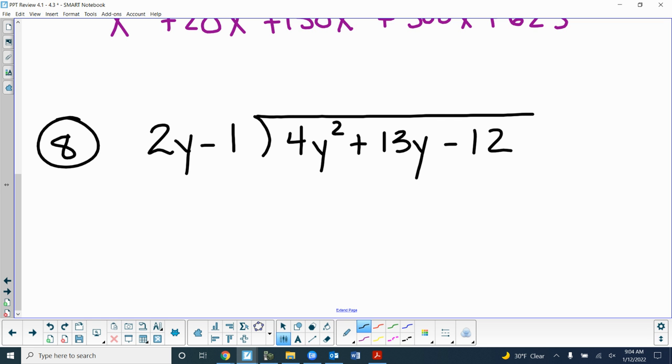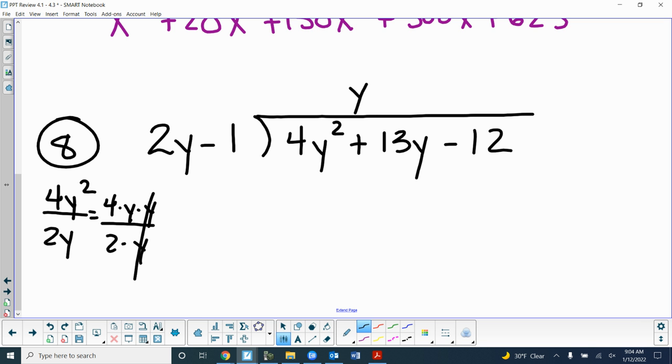All right, so again, all I worry about is the 4y squared, that first term, divided by the first term out here, the 2y. So remember, that's 4 times y, and 2 times y. Well, the y's go away, 1 each, and then there's still 1 y up here, right? And what's 4 divided by 2? 2. So that's a 2y. Any problems with that?